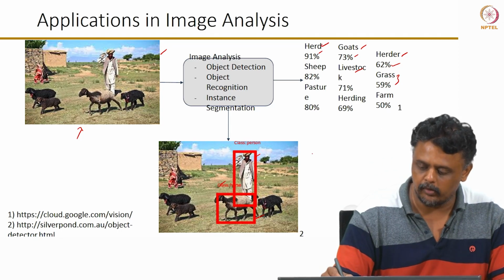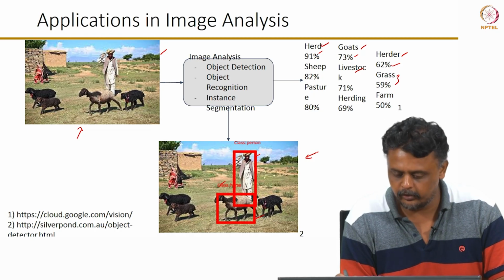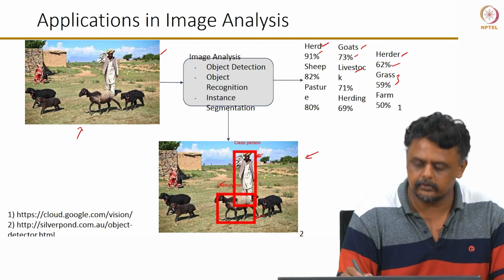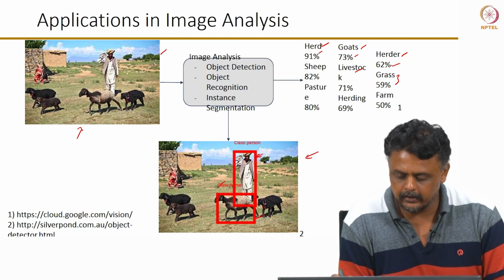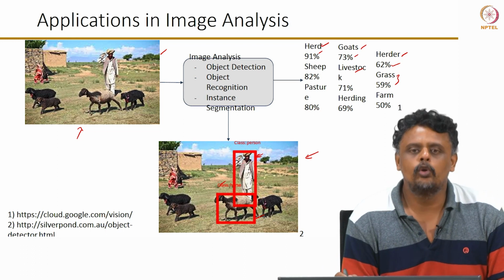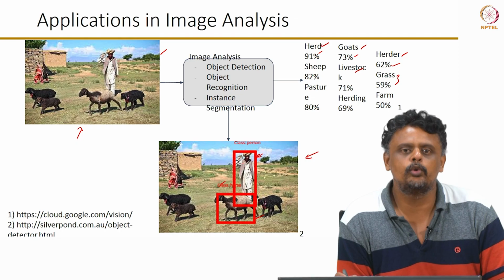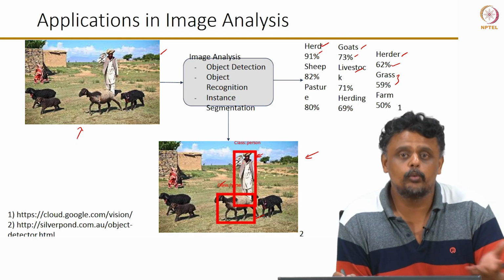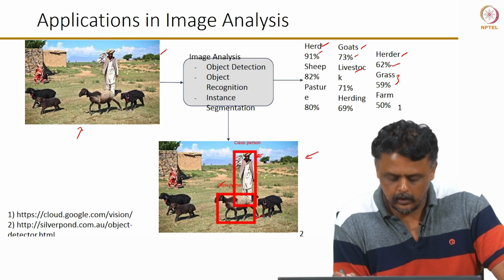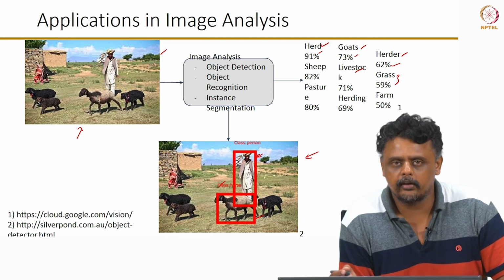Here is an output from another CNN from Silver Pond. It is an object detector, so it is able to identify the man in the picture as well as the goat. However, it does label it wrongly as, I think, a horse. So, it is able to localize as well as identify the objects. These are typical applications in computer vision, and it is not too hard to think of the self-driving cars that everybody is now talking about.